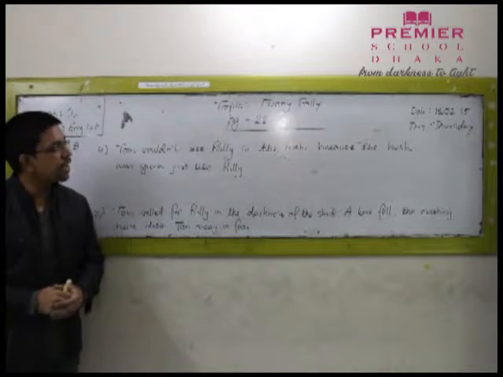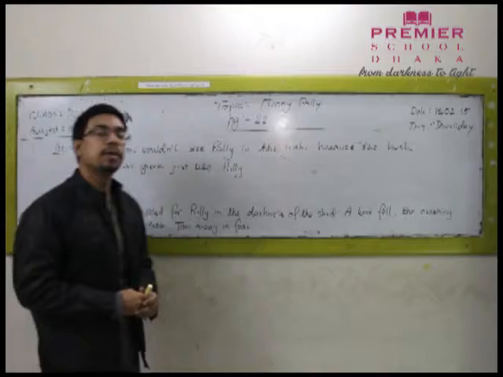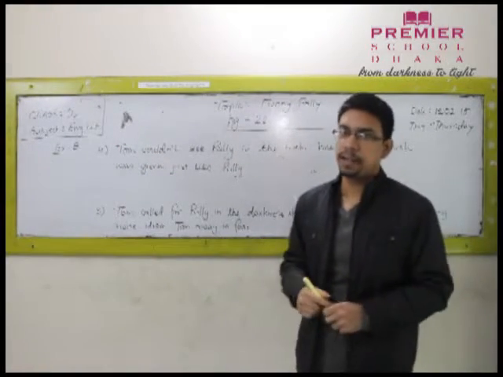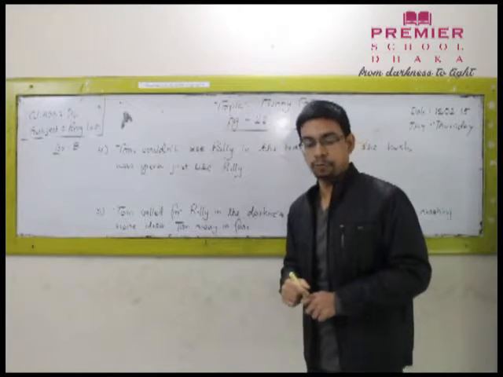Tom couldn't see Polly in the bush because the bush was green, just like Polly. Both Polly the parrot and the bush were green in color. That's why Tom couldn't identify or find Polly.